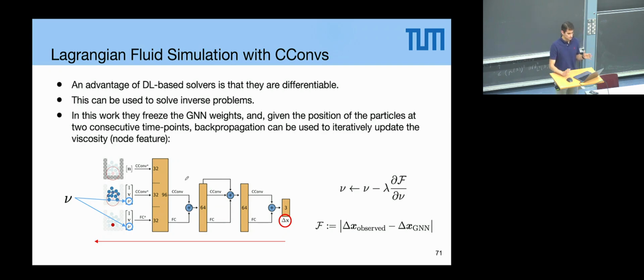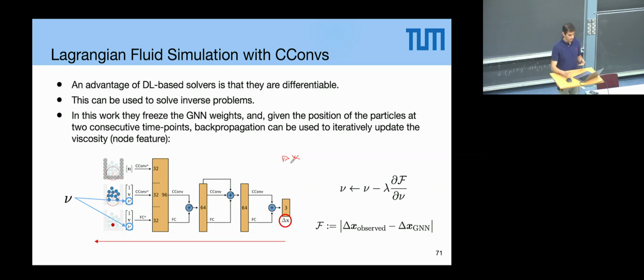So in this inverse problem, we know the evolution of the fluid, but we don't know the viscosity. If we know the evolution of the fluid, we know the location at one time point and the location at the next time point, then we can compute, given the first time point, the intermediate location for the nodes, and given that intermediate position and the final position, we can compute the correction delta x that the network should be predicting if we knew the viscosity.